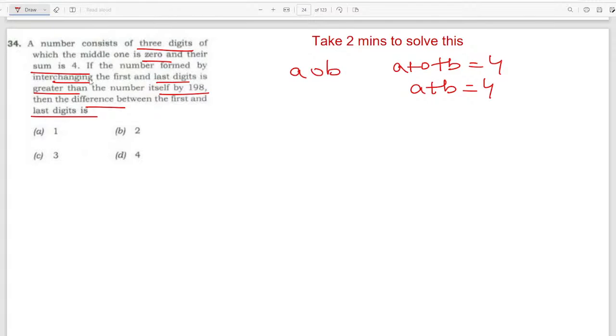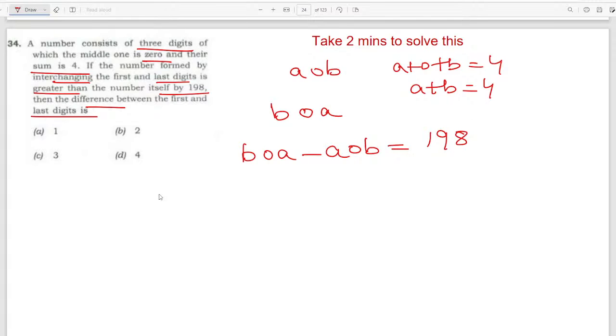If the number formed by interchanging the first and the last digit is greater than the number itself by 198. So B0A, if this is greater than this number by 198, that is B0A minus A0B is equal to 198.